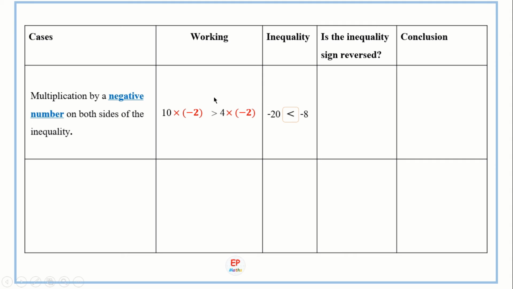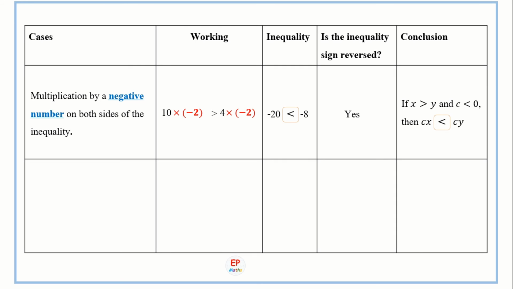Now, look. Before the working, we have got more than. But after the working, we have got less than. So you see that the sign has been reversed. How do we conclude? If x is more than y and c is less than 0, then c times x is less than c times y.